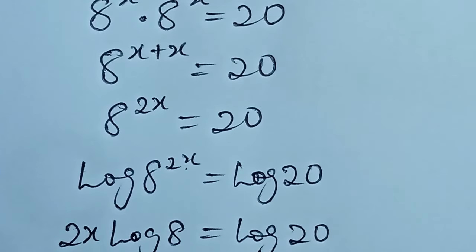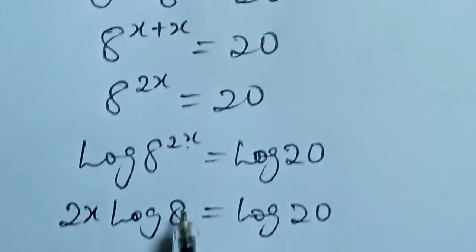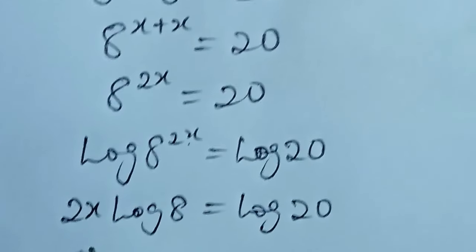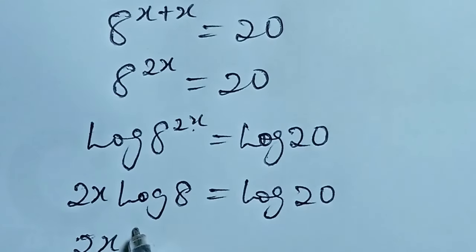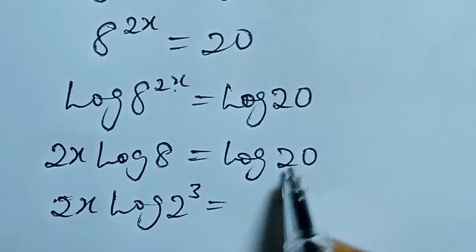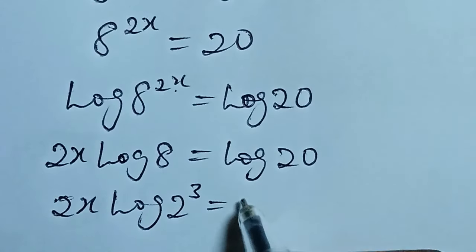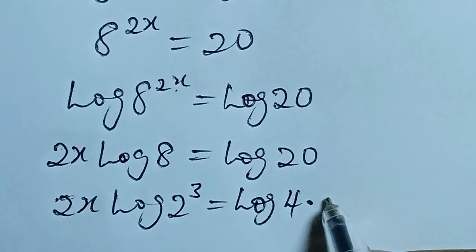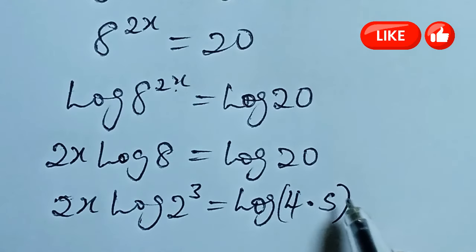So here we can as well simplify this log 8 as 2x log of 2 to the power of 3 equal to, simplifying this 20 as well, we have log of 4 multiplied by 5.